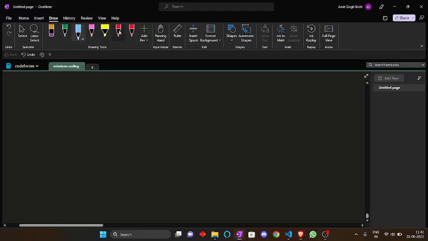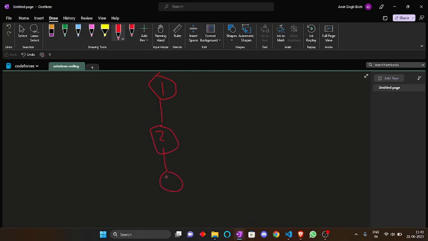So basically, I have a rooted tree, which is upside down, meaning it's going down and down. It starts with 1, the root. Let us take an example.